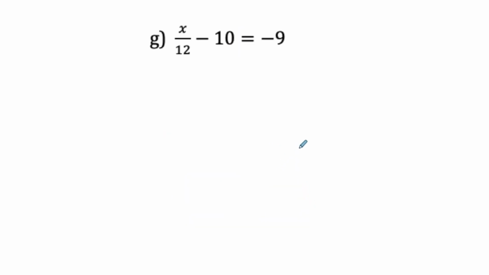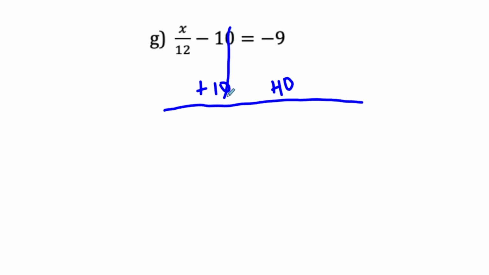All right, one more similar type of problem here. Move the negative 10. This is being subtracted, so we will do the opposite and add 10 to both sides. Negative 10 plus 10 is 0, they're gone. I have x over 12 equals negative 9 plus 10 is 1.